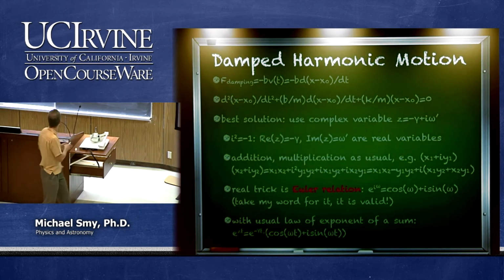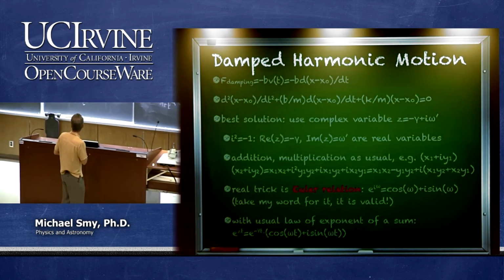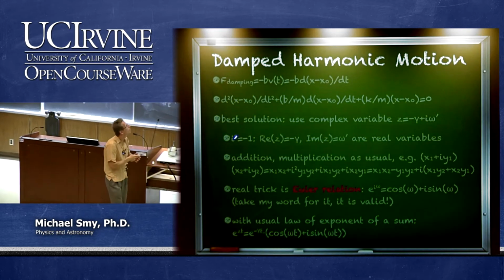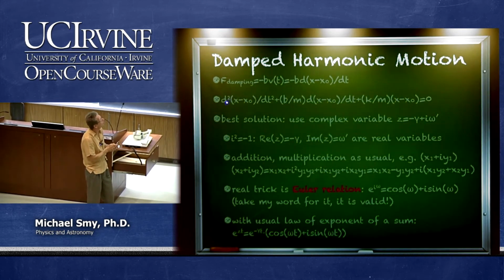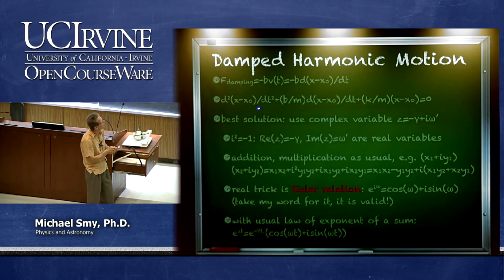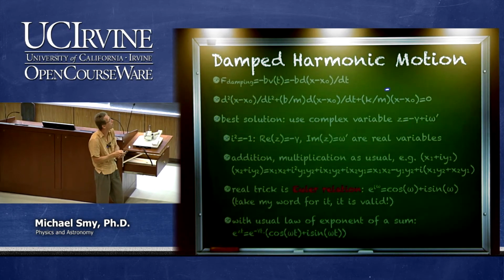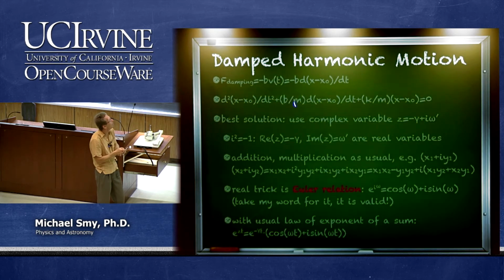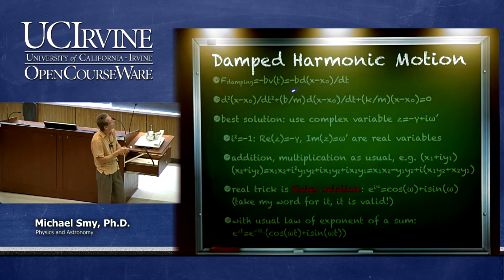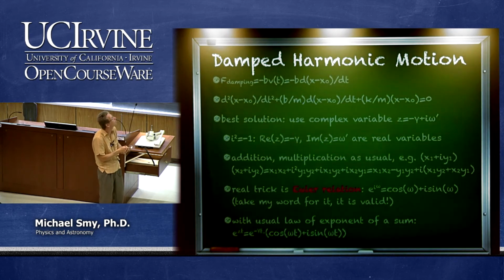Now this type of equation that we had before becomes more complex because it's not only that the second derivative equals minus some factor times this quantity itself, but there's also this damping force to consider. And that leads to this term that is proportional to the first derivative.